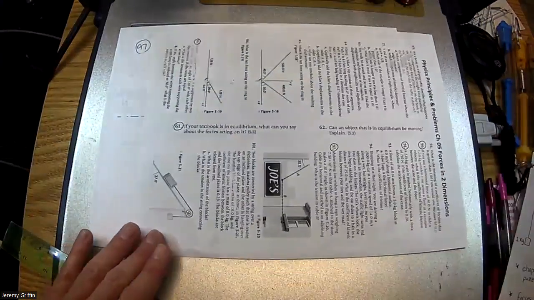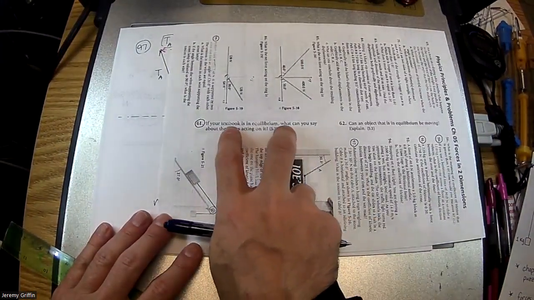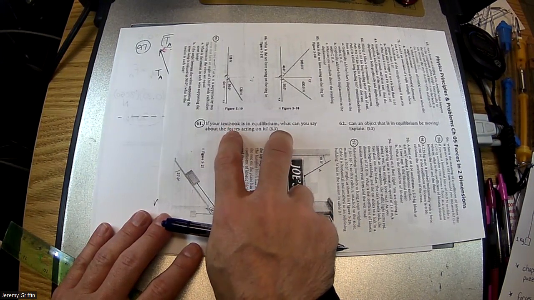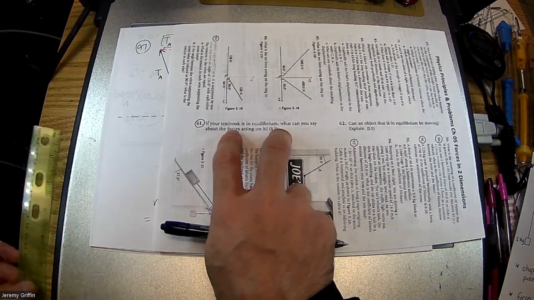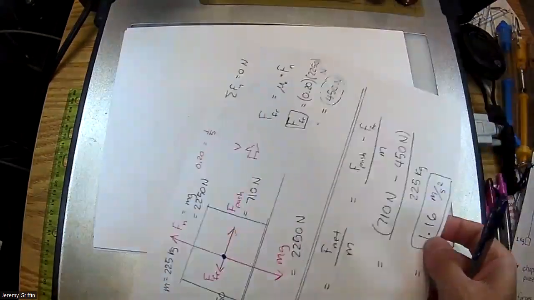Number 61. I think this is the last one I assigned to you guys. If your textbook is in equilibrium, what can you say about the forces acting on it? Well, anything in equilibrium, what do you know about the sum of the forces? Sum of the forces goes to 0.